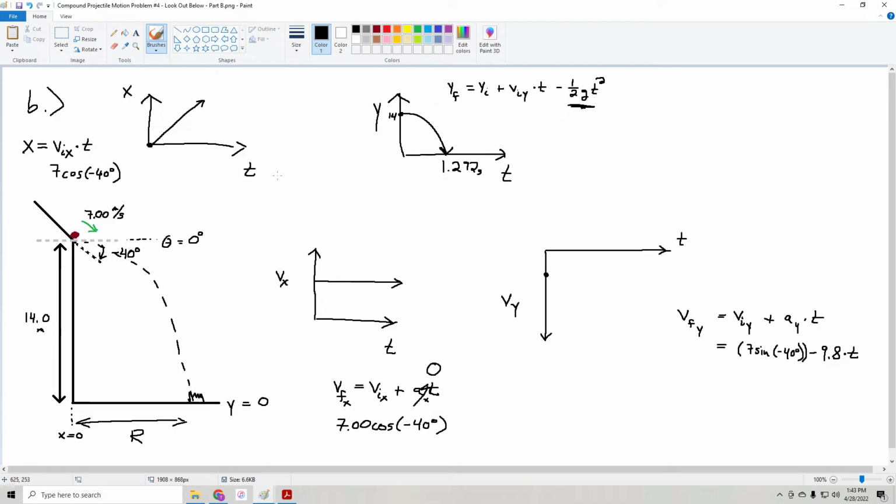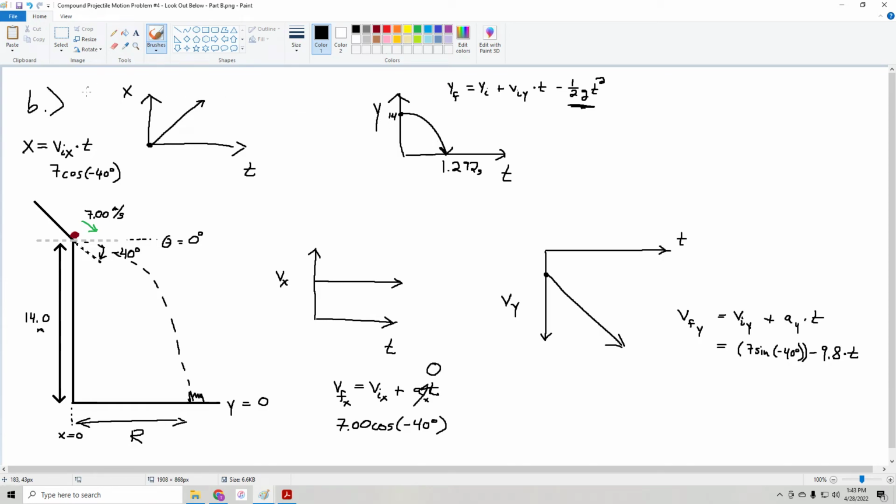It's a very linear expression, just like in the x versus t graph in the first one, except the y component of the velocity is just getting more and more negative. So our graph for the y component of the velocity looks like this.